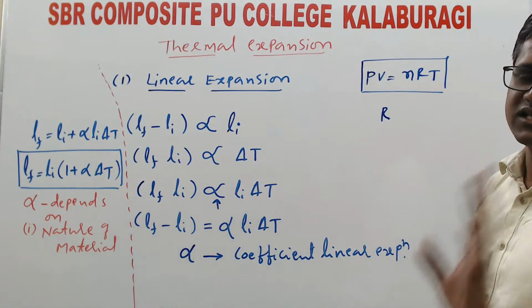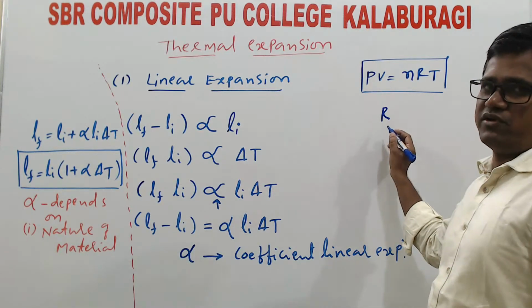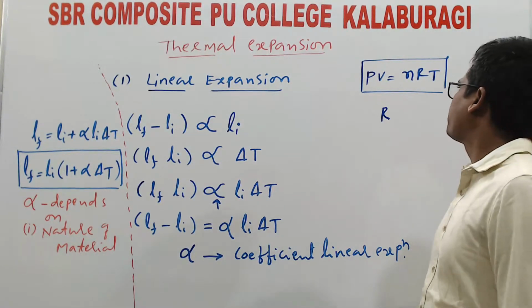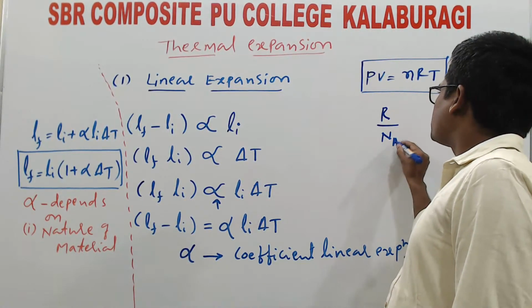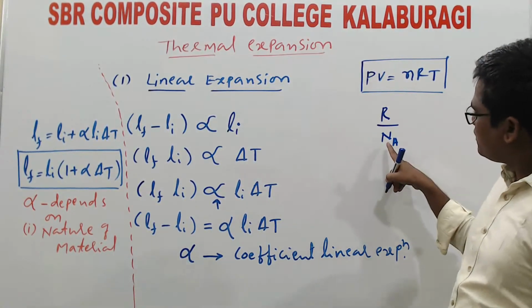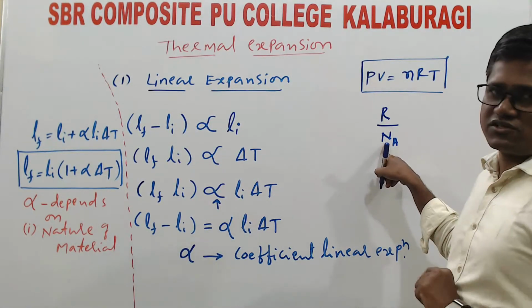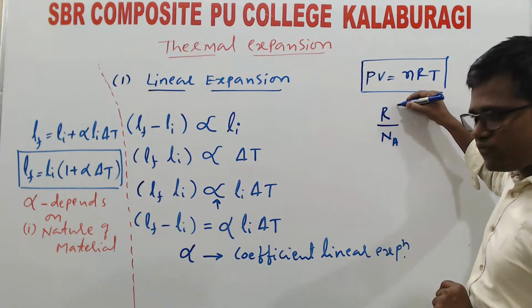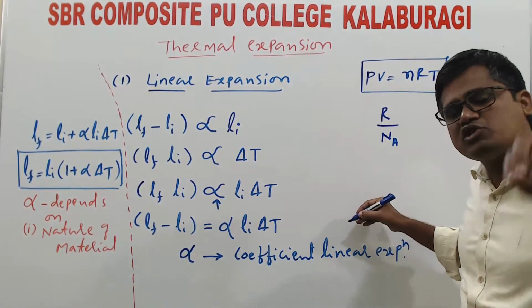What is its value? 8.31 joule per mole per Kelvin. If you divide it by the number of molecules present in 1 mole, what is Na? The number of molecules present in 1 mole of gas. The gas constant for 1 mole divided by the number of molecules present in 1 mole.